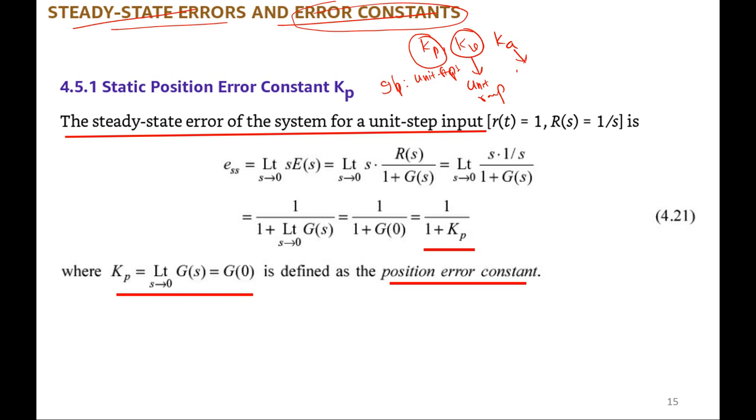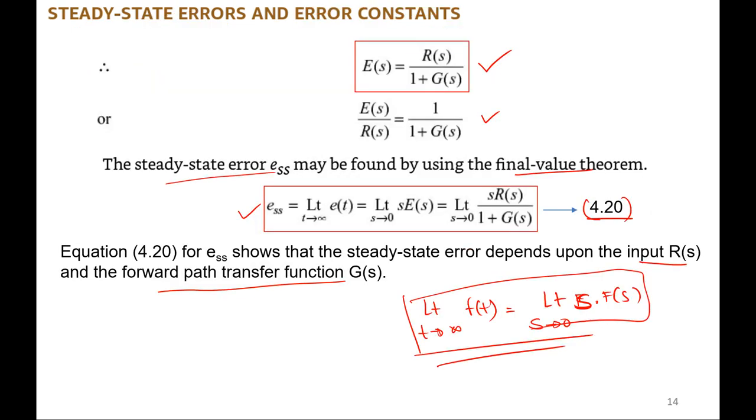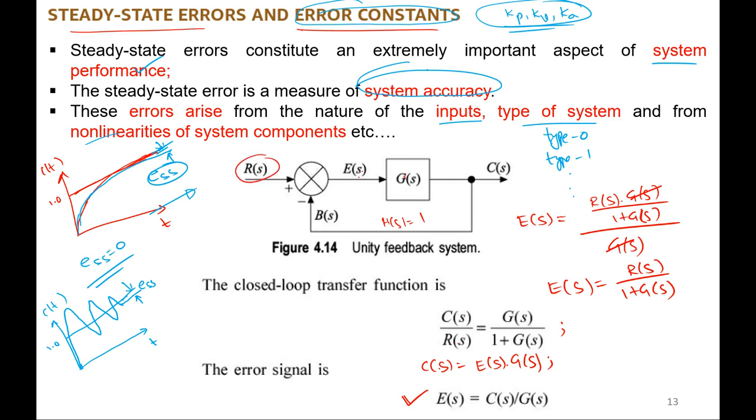If the input is unit parabolic, then we call it acceleration constant. So we'll study all these types of error constants with respect to unit step input, unit ramp input, and unit parabolic input. So the input for the system here, R of S, can be unit step or unit ramp or unit parabolic.